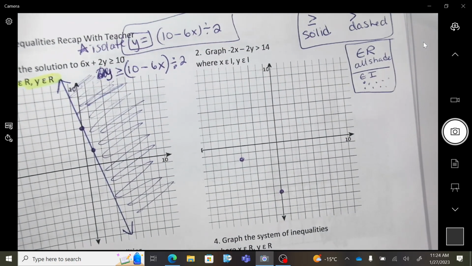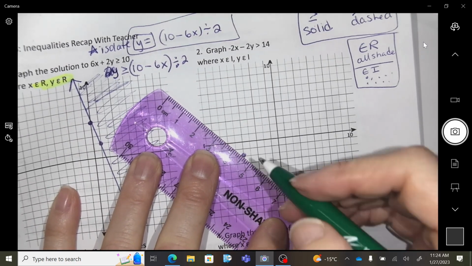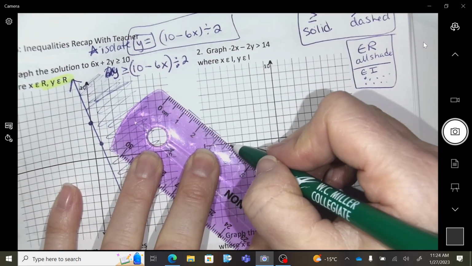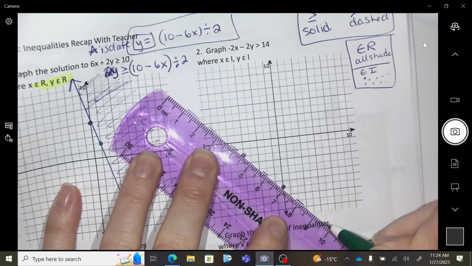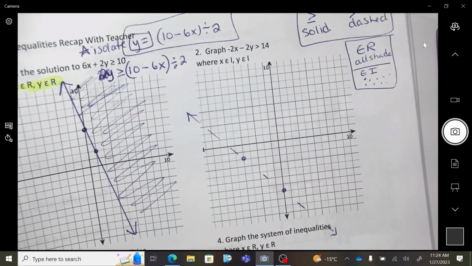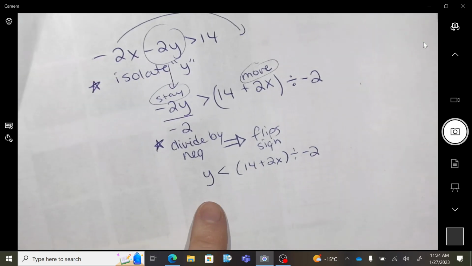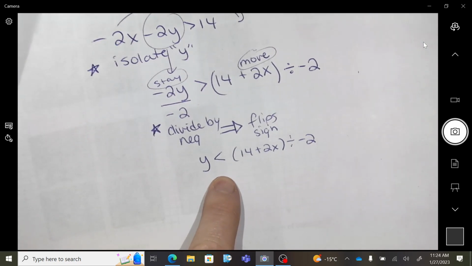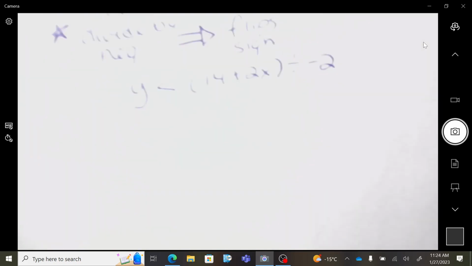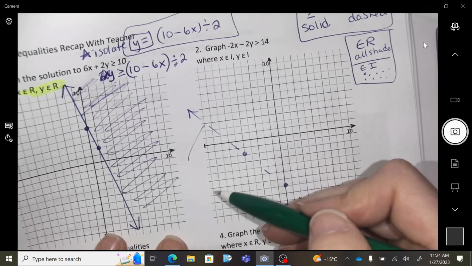And then we're going to do a dashed one through this one. Do we see why? We do not have an equal to portion. And we did a flip on the sign. So now we're looking at a less than sign. Less than direction is on this side.